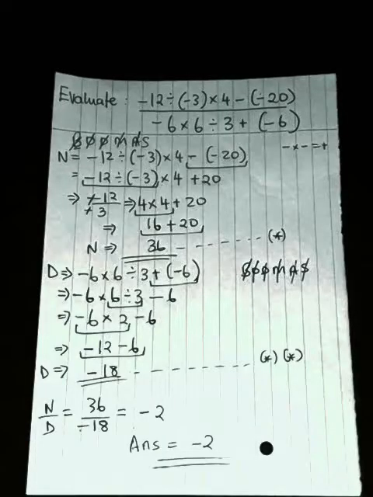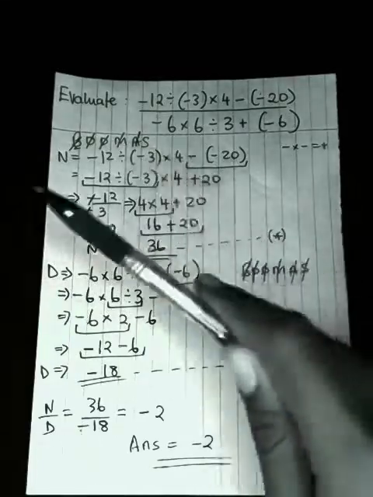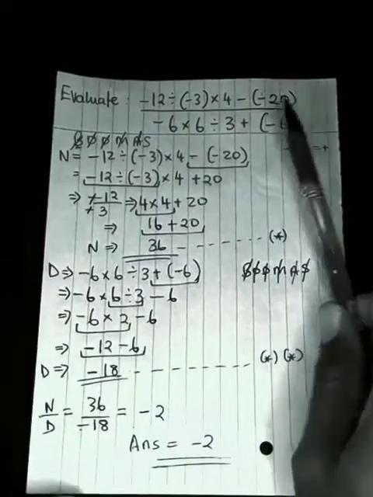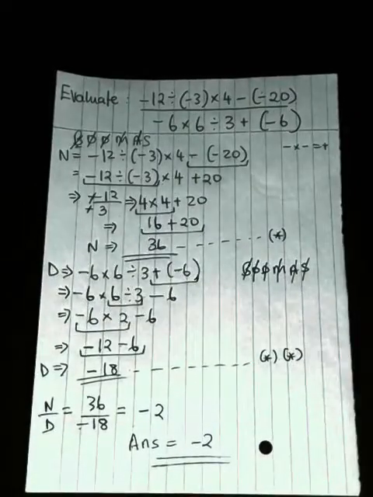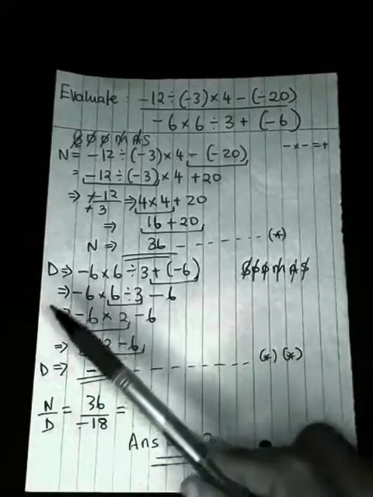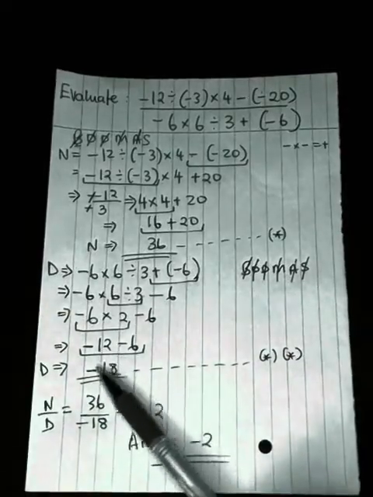Look at our fourth example. Still evaluate this particular number using the concept of BODMAS, and we are saying you start with the numerator, do it separately, it will give you a figure. You apply the concept of BODMAS on the denominator, it will give you an answer.